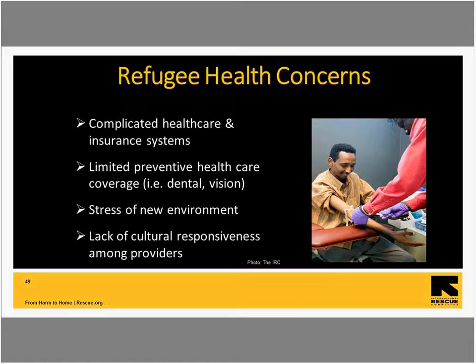There's a new set of medical concerns that arise here in the United States. Some of the biggest concerns would be our complicated healthcare and insurance systems, and limited preventative healthcare coverage, especially for adults as far as dental and vision. There's no coverage for maybe the dental work they might need.